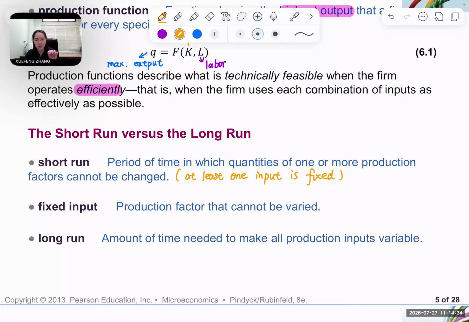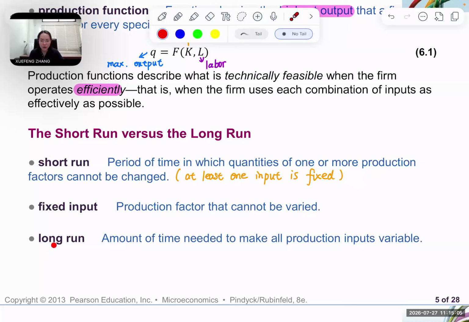Okay, this is a short run. You are stuck with it. You can't change it quickly. All right, so the example is that a noodle shop can hire more workers this week, but can't build a bigger kitchen this week, which means kitchen size is the fixed input. All right, that's why we have fixed input, production factor that cannot be varied.